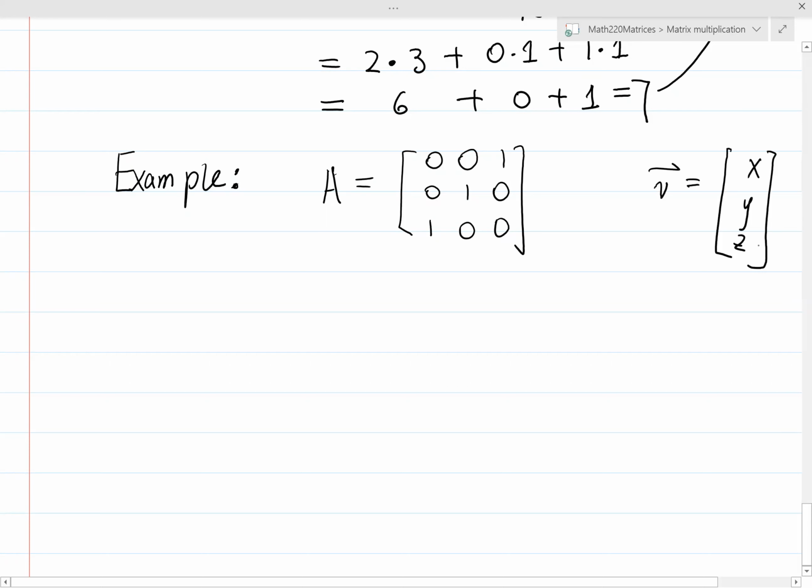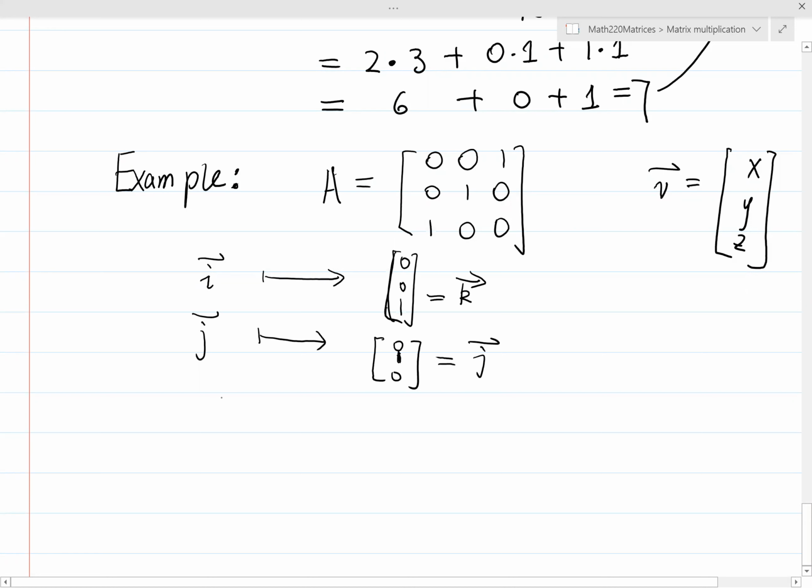Okay, now A tells us that if we plug in i, then the output is the first column, 0 0 1. Plug in j, which is the key here, then we get 0 1 0, the second column, which is again j. So j is mapped to j, so this does not change.